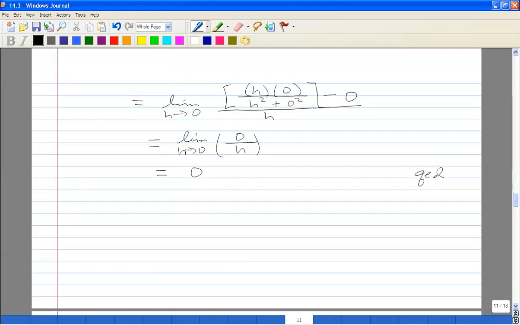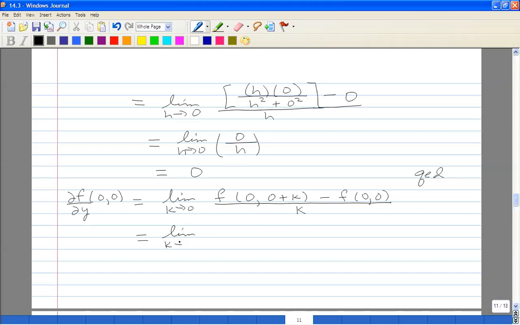The partial of f with respect to y at the origin. So this is the limit as k approaches 0 of f of (0, 0 plus k) minus f of (0, 0), all divided by k. And so this is the limit as k approaches 0 of f of (0, k) minus 0 over k.